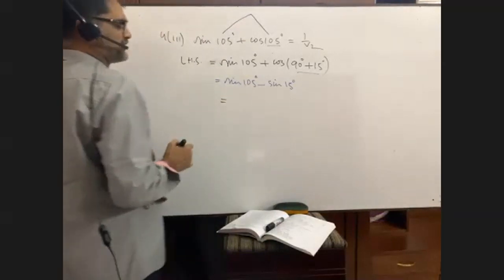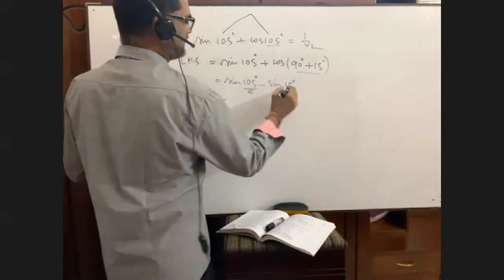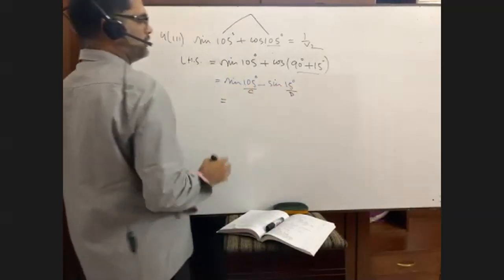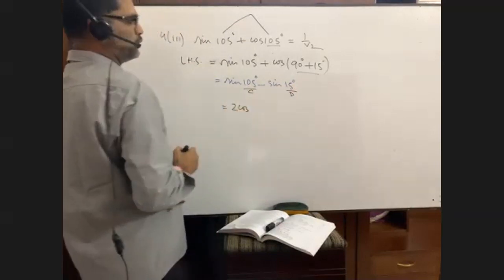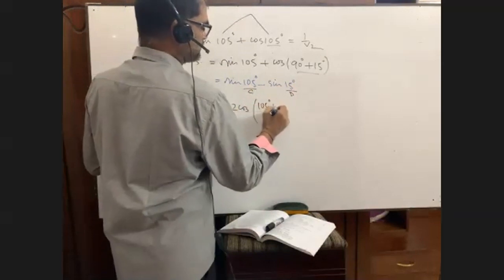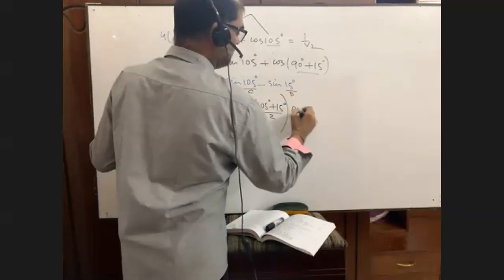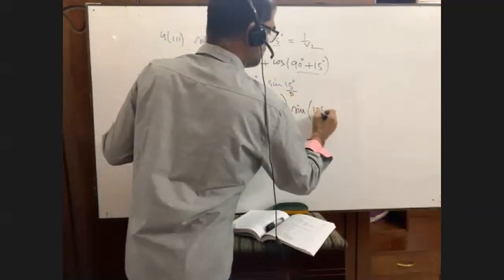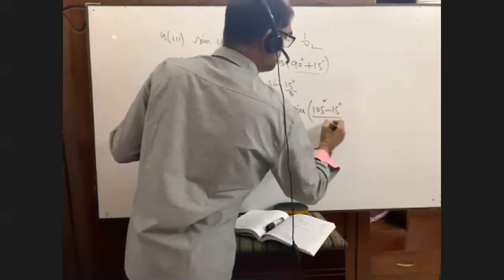Now let me know sin C minus sin D. What is the formula? Sin C minus sin D equals 2 cos of C plus D by 2 into sin of C minus D by 2.